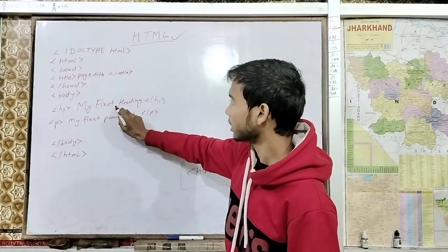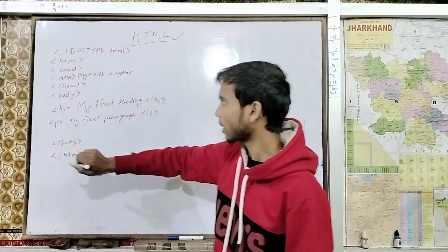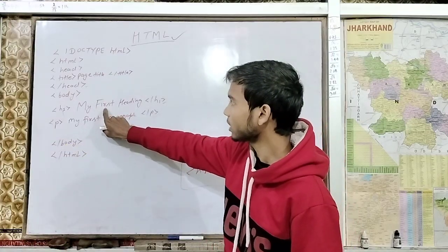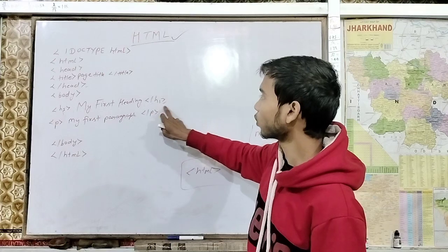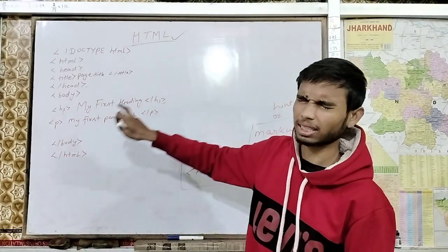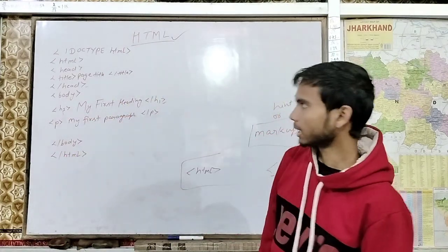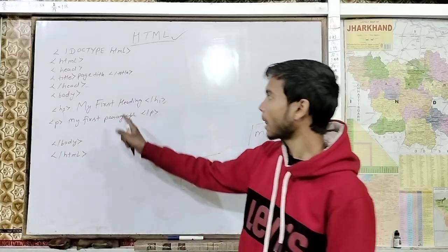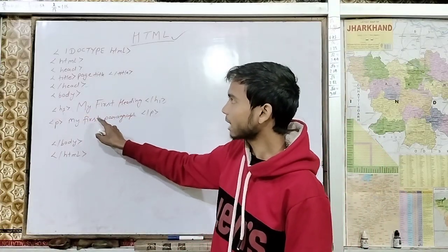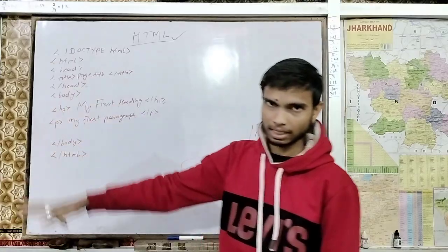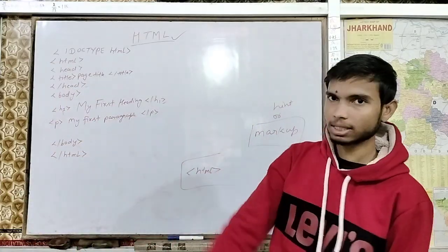The function of this will not work inside this. This is the meaning of the ending tag. Whatever the function of this tag is will not work in this other tag either. This is the meaning of the ending tag.